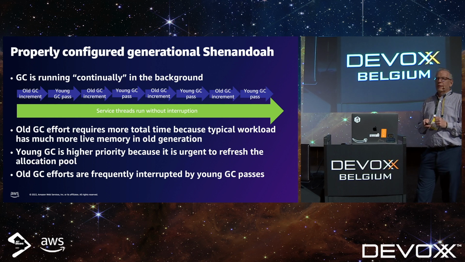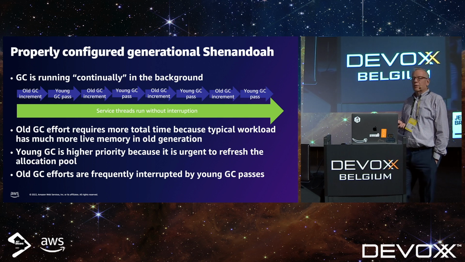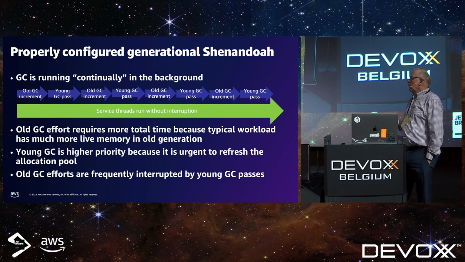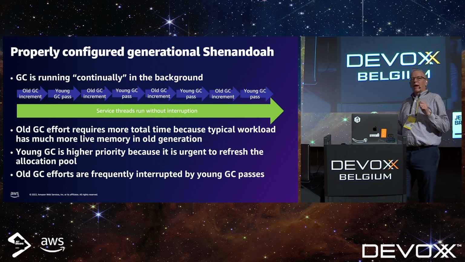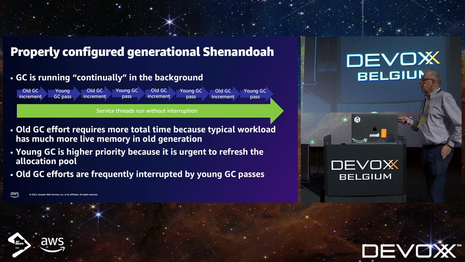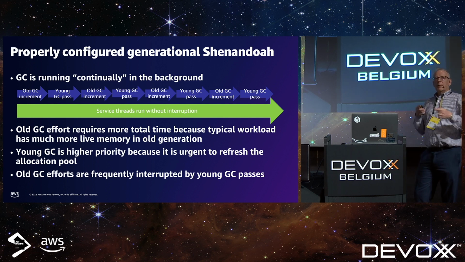We have determined the age at which objects should be promoted. Those are the key contributors to proper configuration. Right now, most of those configurations are dialed in manually by experts like ourselves. As I say, this is still pre-production, but we're working on automating the selection of all those configuration parameters.